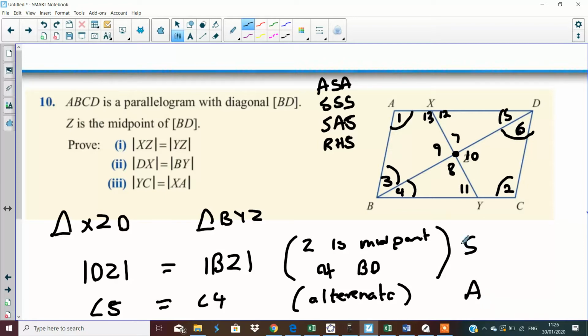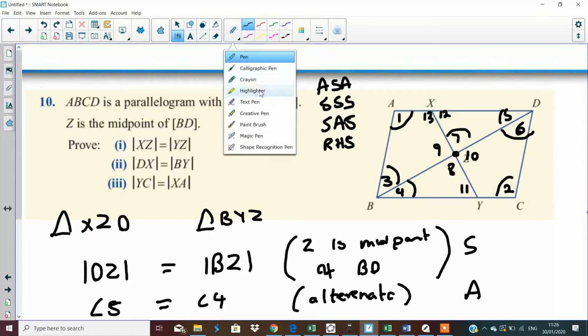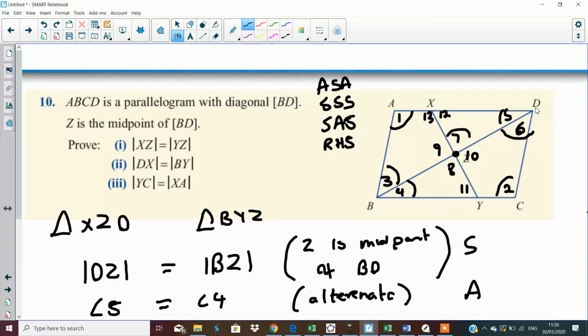Angle 7 equals angle 8. So far, if you look at what I've done, this one here, you could also do third angle, couldn't you? Who did third angle? Yeah, you can do it that way as well. Everybody see the two of them are equal to each other?